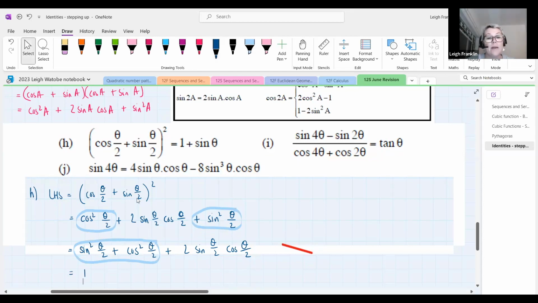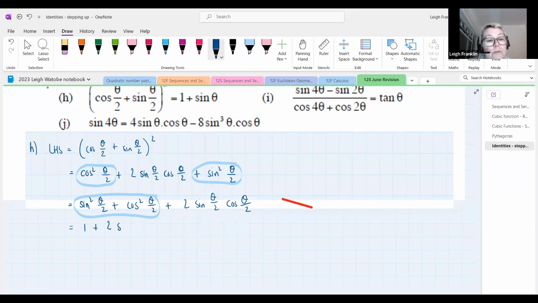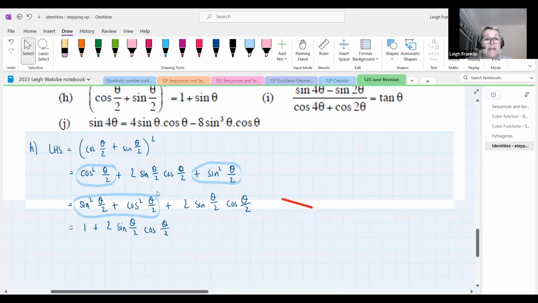So we've got 1 plus 2 sine theta over 2 cos theta over 2, and this is your sine double angle. Okay, so it is expanded.